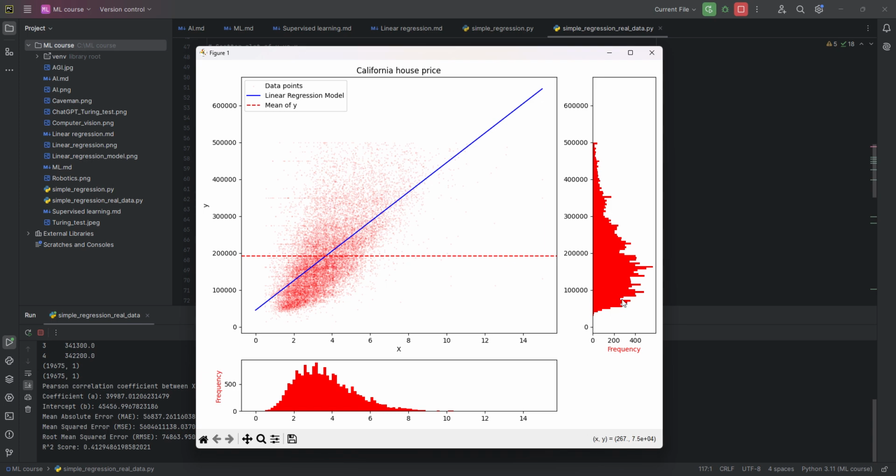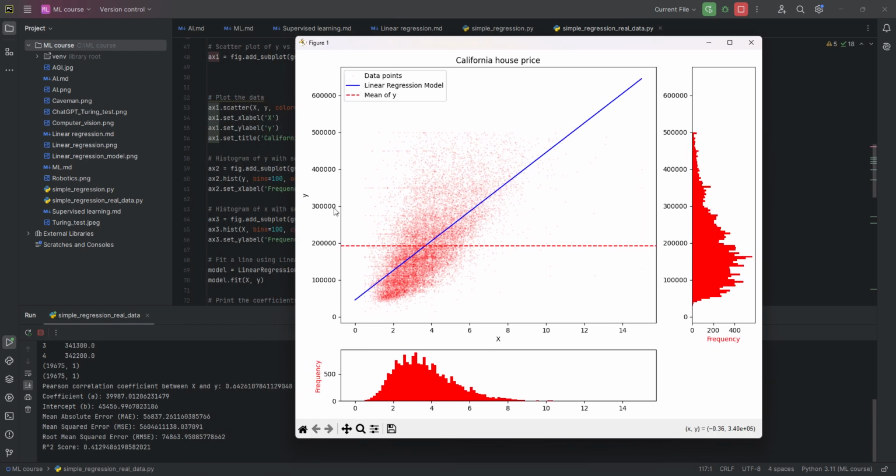And you can also see on the y-axis how the points are distributed. The median is around 150,000, and as you can see from before, the average is around 200,000. So that's how the prices are skewed in the y-axis.